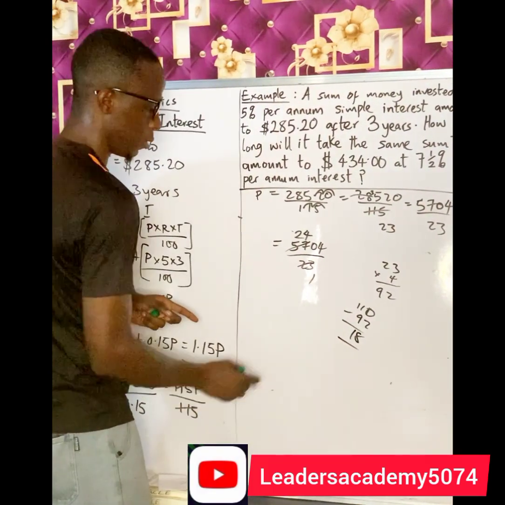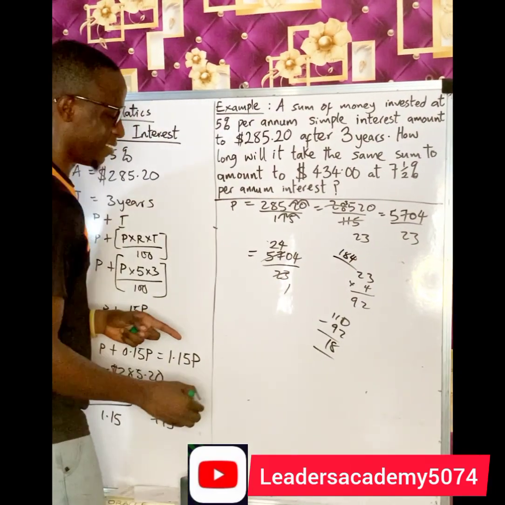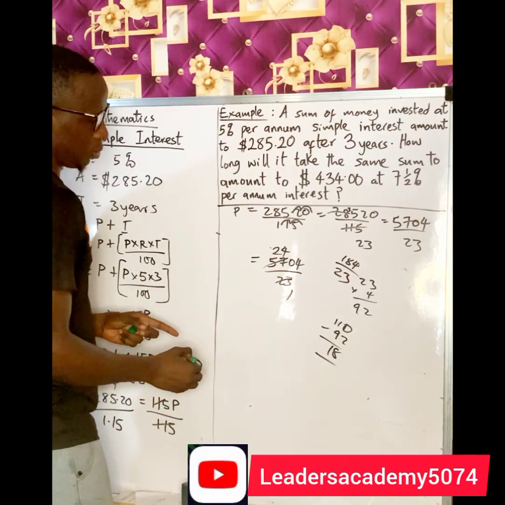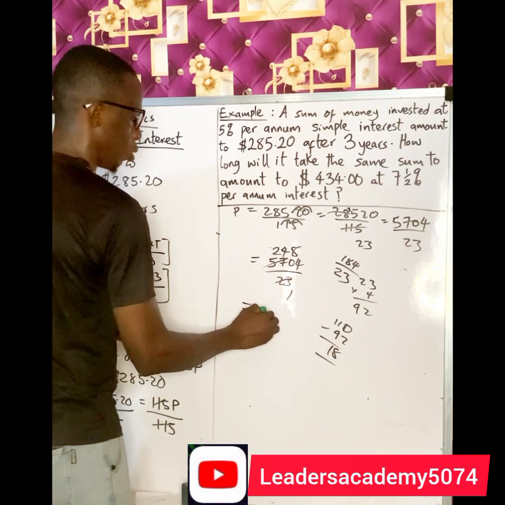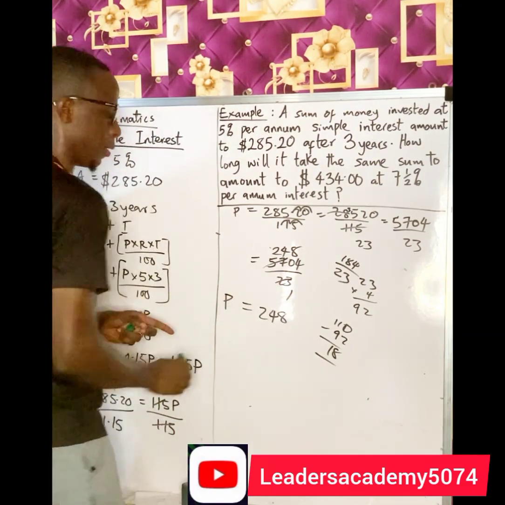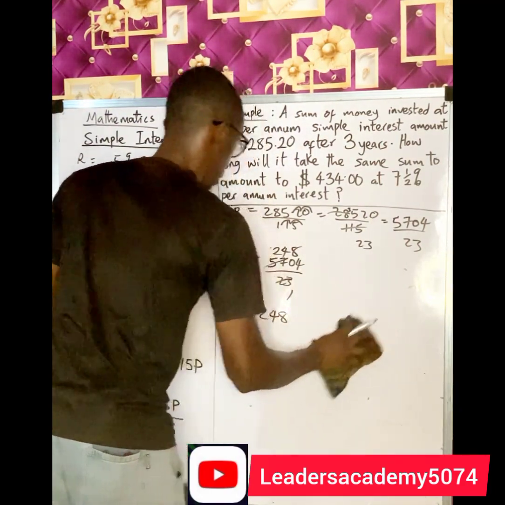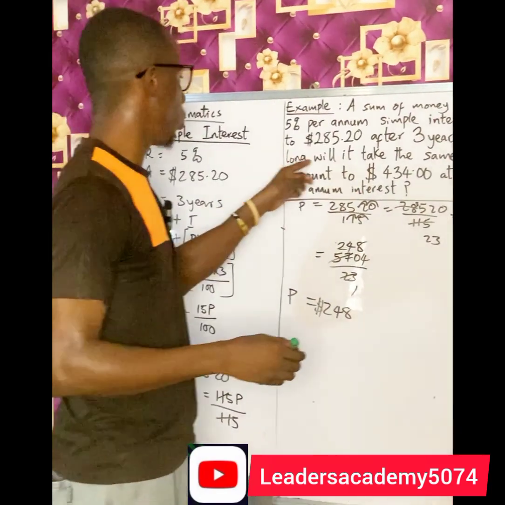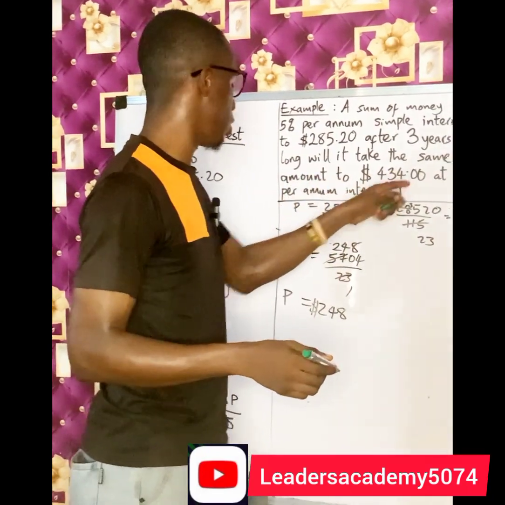Then 18 remaining, bring down 4, 184 over 23 will be 8. So the principal is $248. And they said, how long will it take the same sum to amount to a new amount?